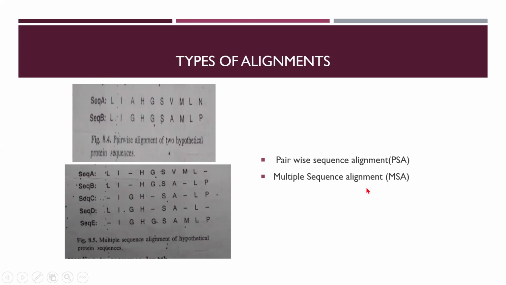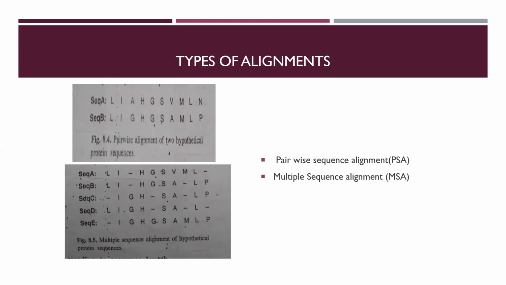Obviously, in multiple sequence alignment, as the name indicates, more than two sequences are involved. So this is a section of a multiple sequence alignment of protein sequences where several sequences are involved. Here also, we can find out the patterns of the sequences.